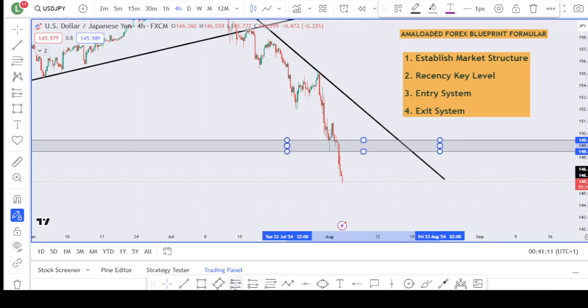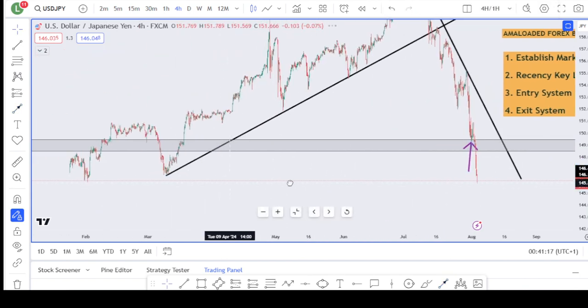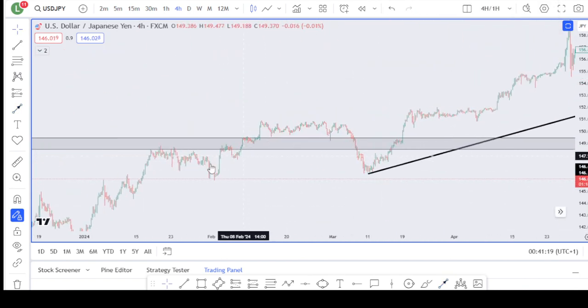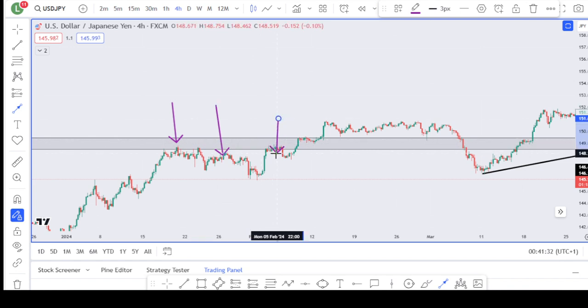Remember, this place was serving as a support zone before. Then if you check the historical market condition, you understand that this also was serving as resistance around January this year, right? Can you see multiple rejection around this zone here? Multiple rejection. Then when it got to this place, now serving as support, right?